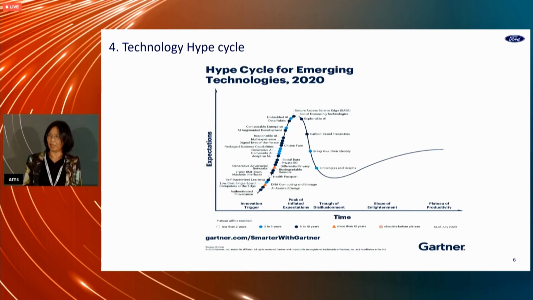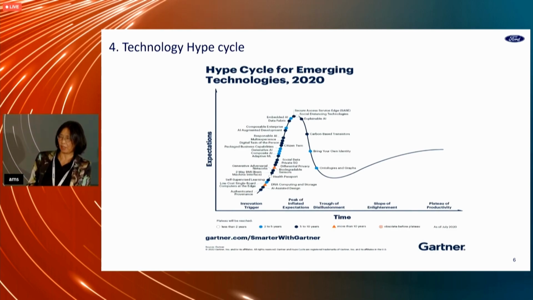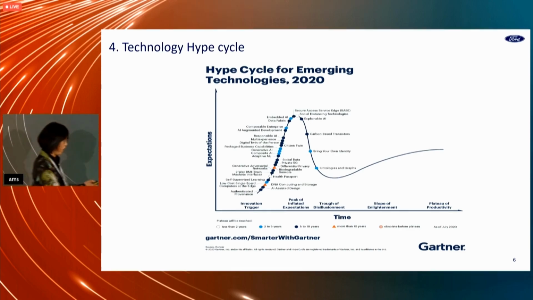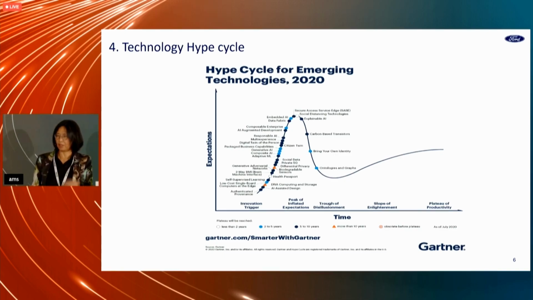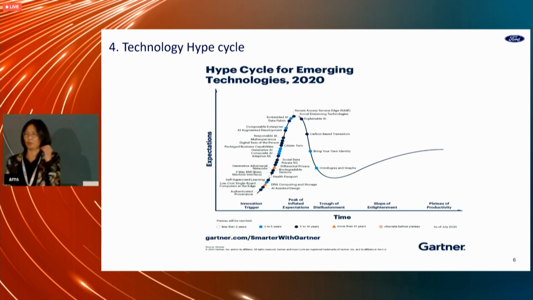Let's see quickly how the technology hype curve works. We have an example here. Innovation is triggered, and first the expectation increases rapidly. Then at some point, people recognize there are still a lot of roadblocks, as it takes more time to really implement, and then we get the disillusionment phase.